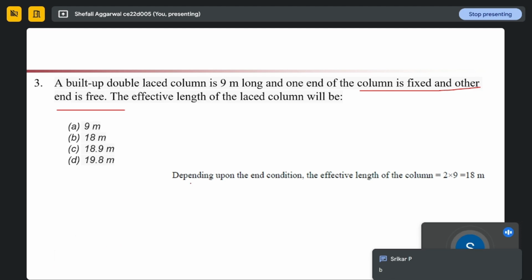You're correct that based on the end condition, effective length will be 2L, that is 18 meter.